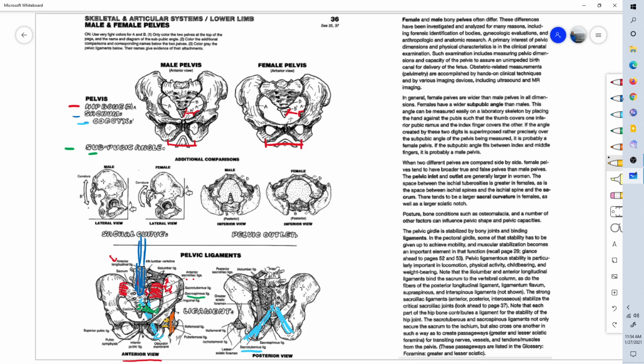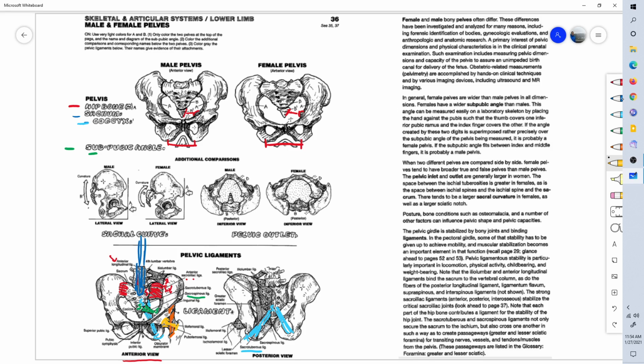And they are named aptly because the iliofemoral ligament extends from the ilium, here's the ilium, of course, down to the femur, whereas the pubofemoral ligament runs from the pubic bone into the femur.